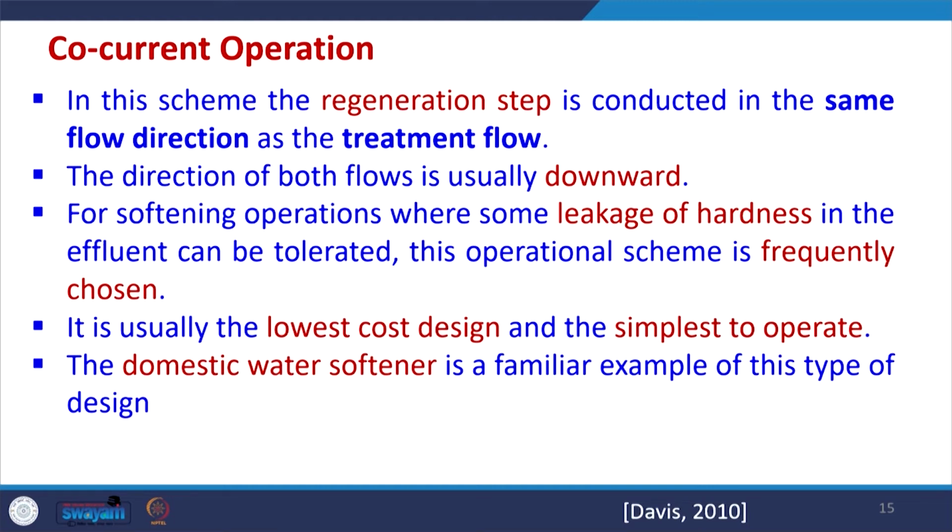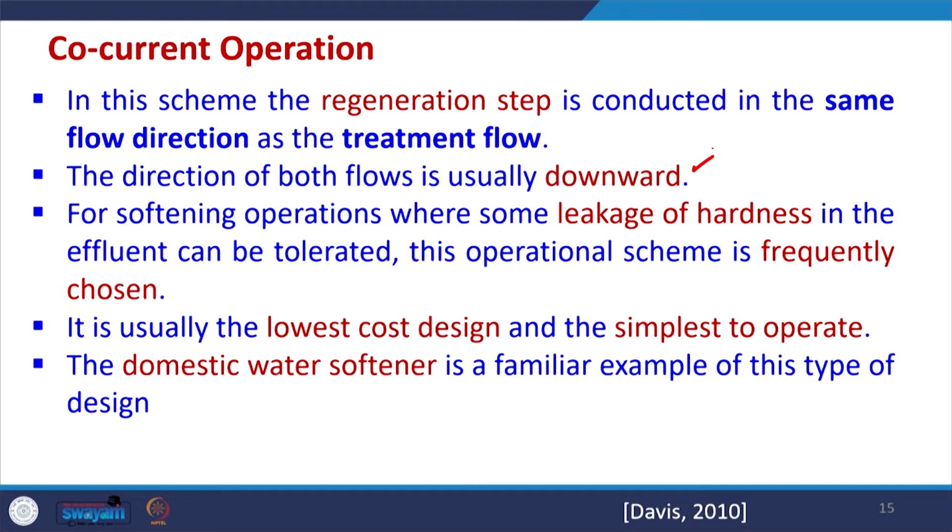So, if during the regeneration step the flow is in the same direction, it is a co-current operation as the treatment flow. So, the direction of both flows is usually downwards.